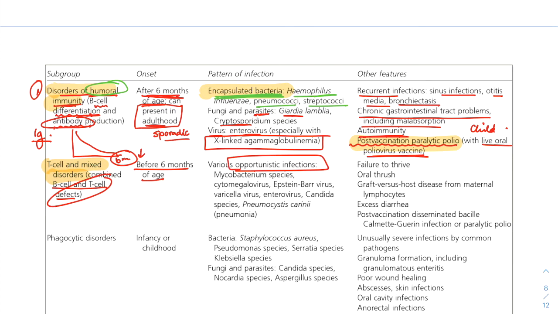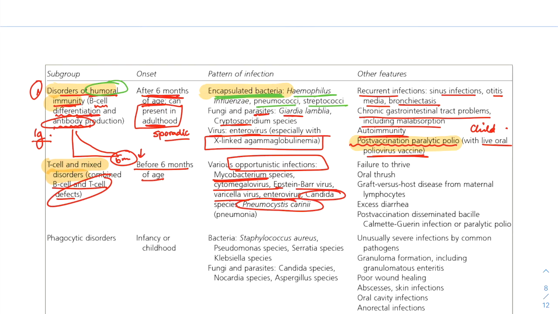Opportunistic infections can occur by various bacteria, viruses, and fungi. The most common include Mycobacterium species; viruses including Cytomegalovirus, Epstein-Barr virus, varicella virus, and enteroviruses; and fungal infections including Candida, Pneumocystis, etc.